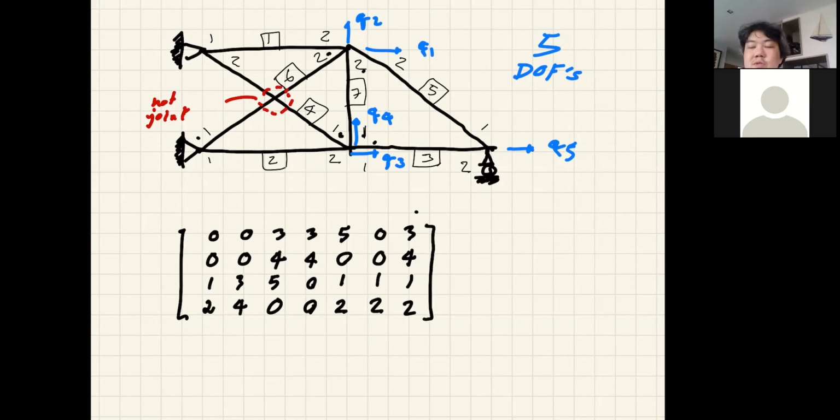But if you choose to use 1, 2, 3, 4, the vector for your member number 7 will become, let's say alternatively, if for member number 7 you use this kind of local node 1, 2, your orientation is going to be, this is 1, this is 2, so it's down here.